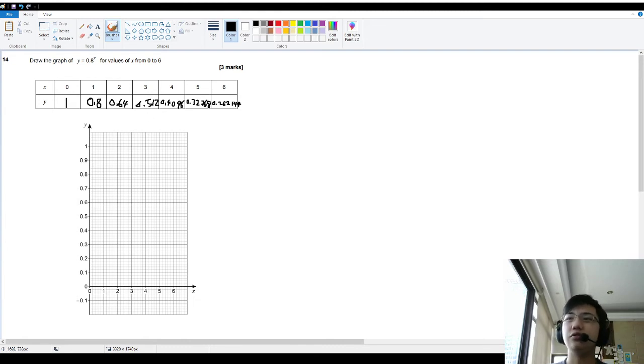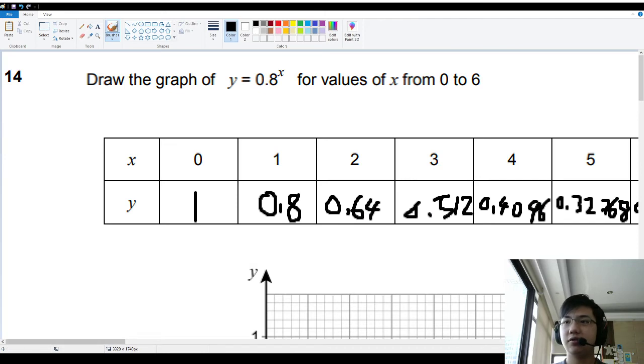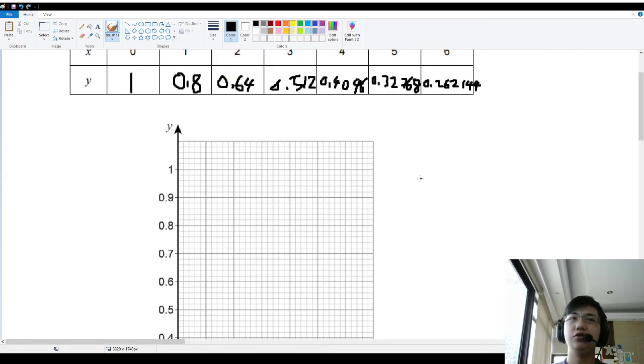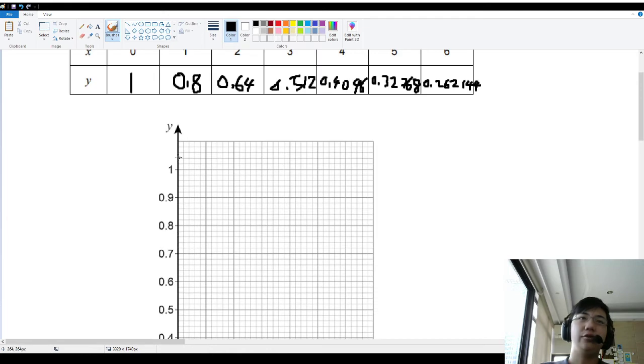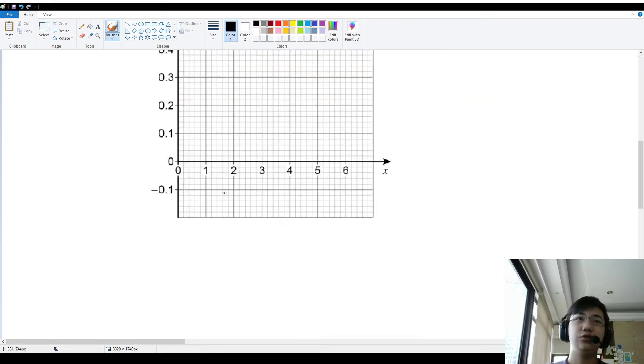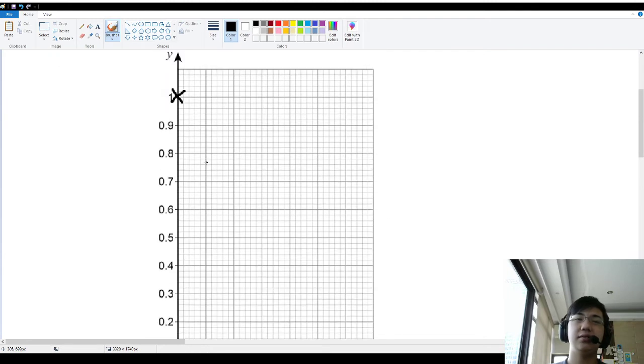So now what you need to do is to graph these values onto our graph. When x equals 0, y equals 1, so 0, 1 here. Then we have x equals 1, and y equals 0.8, so this point over here.